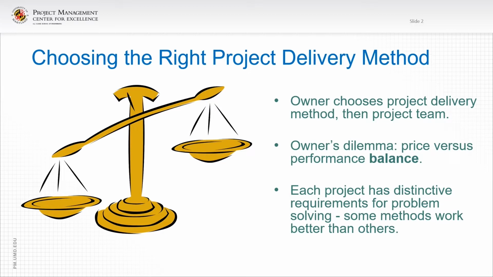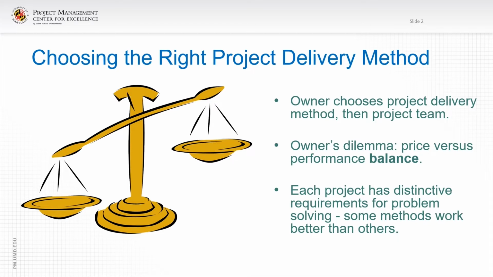Going back to the balance of price versus performance, for example, in choosing the construction management at risk, there you'd have a little bit more cost for the owner because the owner is getting the construction manager involved during the design management process.